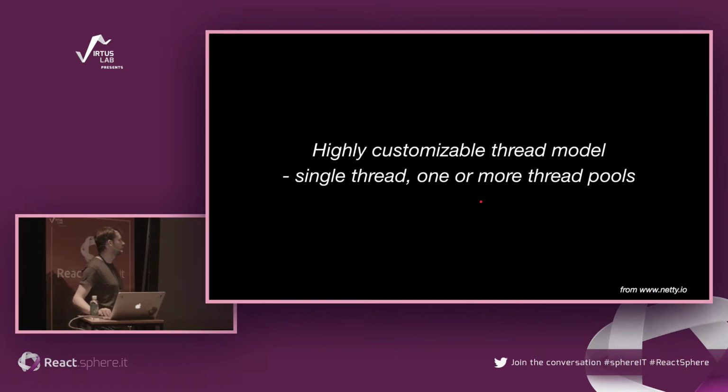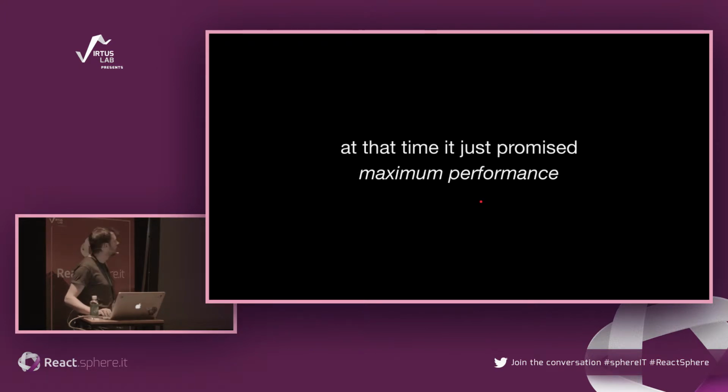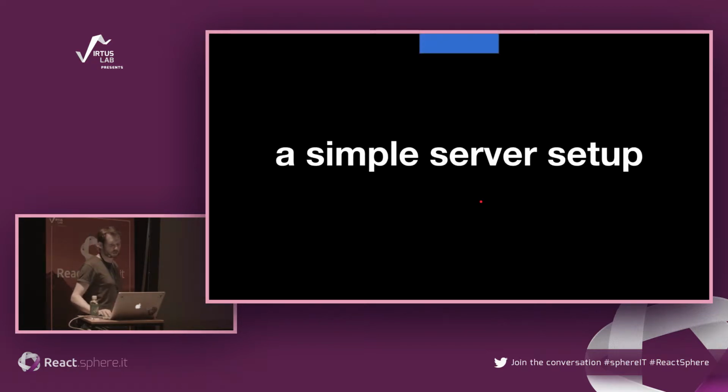They promise to have a very nice threading model, so we were hooked. And actually we were hooked mostly by the benchmarks we saw on the internet, and they were beautiful. So having in mind that we need to push 1 million requests per second, we decided, yeah, okay, that's our thing.